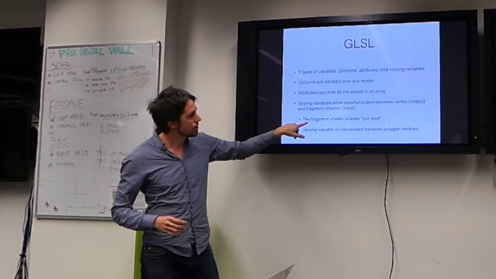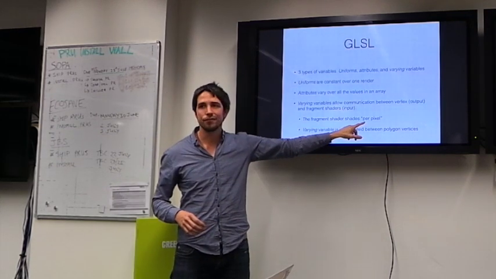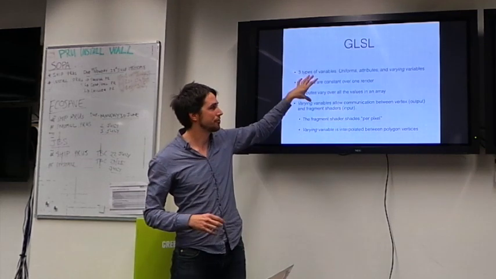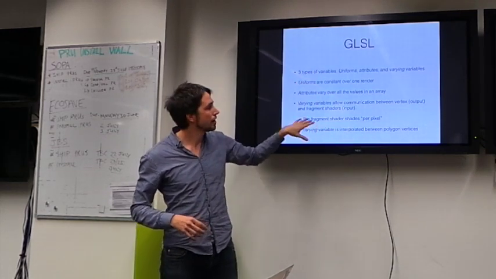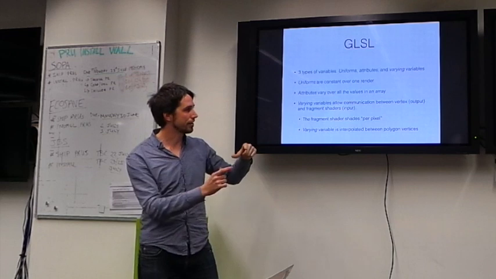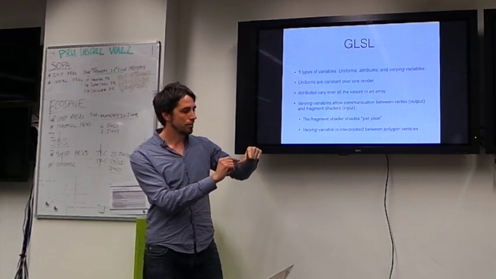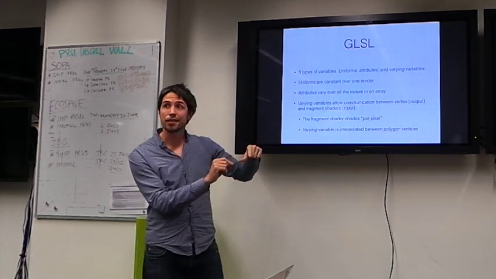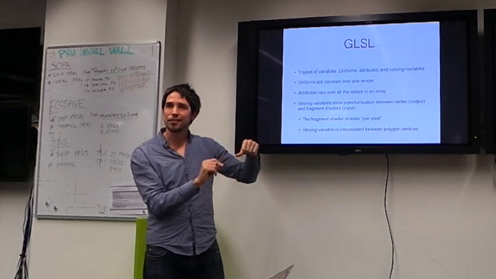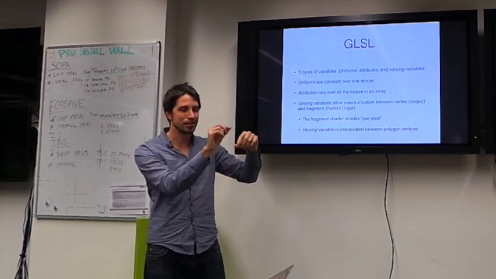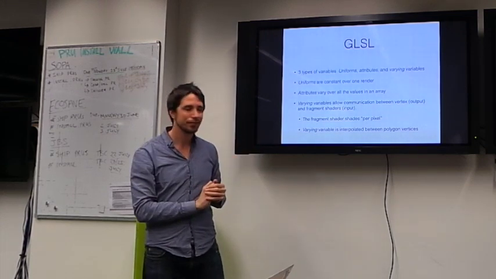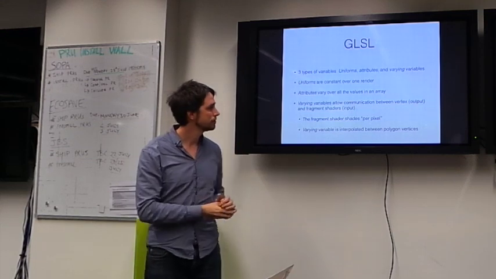The interesting thing though is that the fragment shaders are actually per pixel, whereas vertex shaders are per vertex. And so what happens is that the varying variable is interpolated as it moves around inside, as you basically texture map onto the polygon.